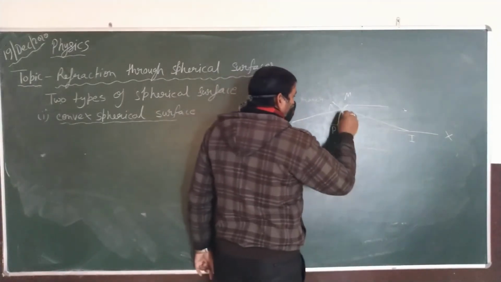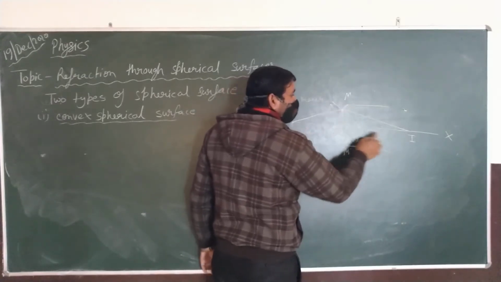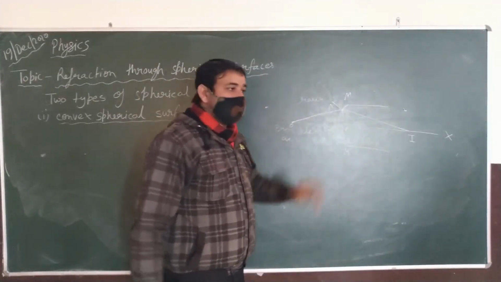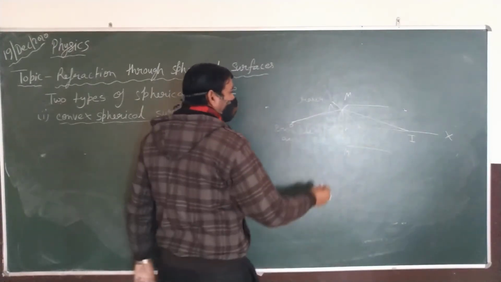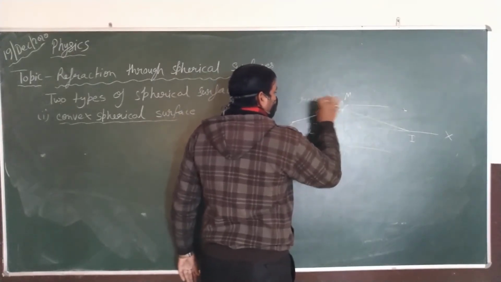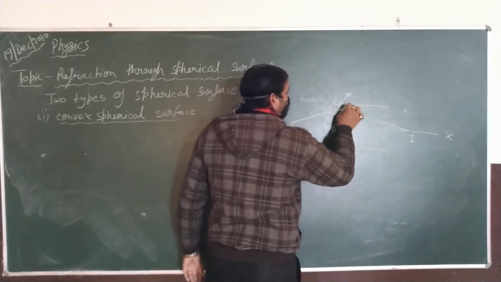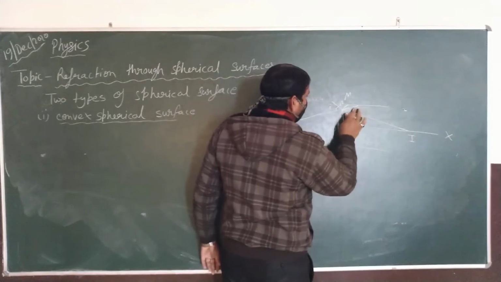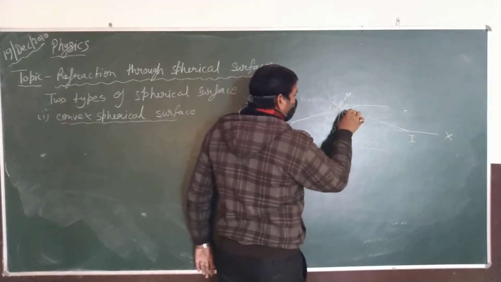Now we find here, when we drop a perpendicular from A to the principal axis, let's say it meets the principal axis at M. Now here we use some angles. This is the angle of incidence i and this is the angle of refraction r with the normal.